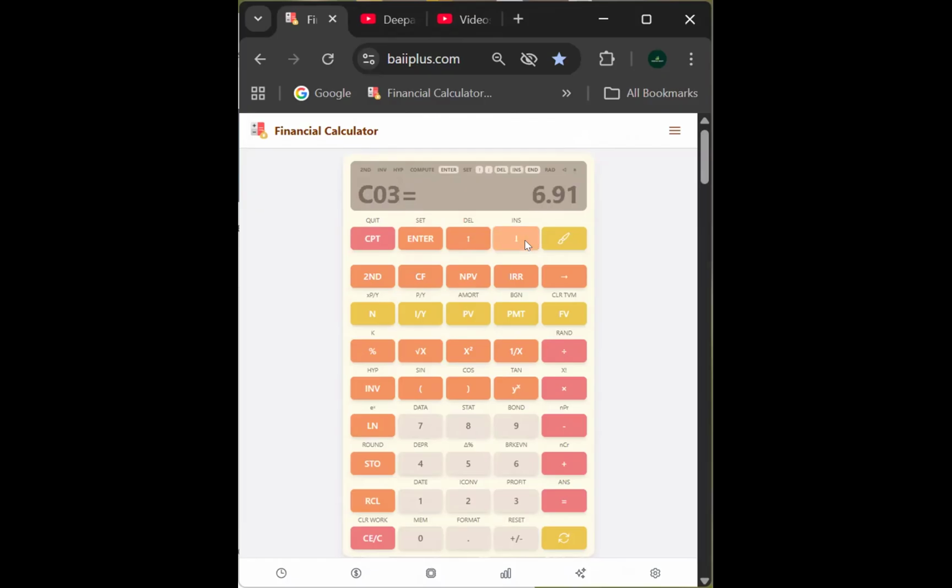Cash flow 3 is 6.91. Cash flow 4 is 8.8. Add 61.58, enter.